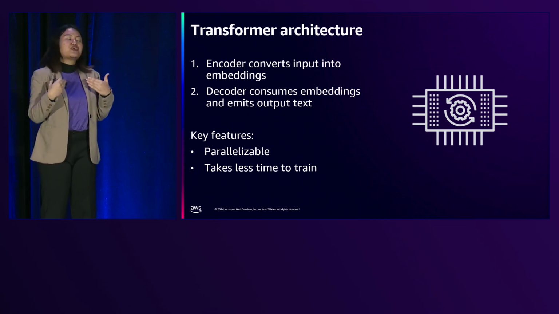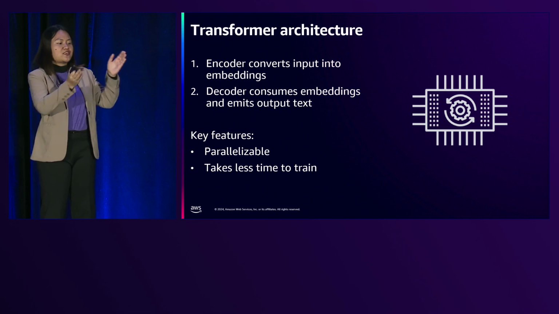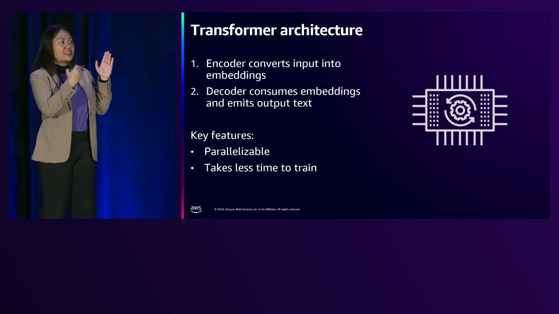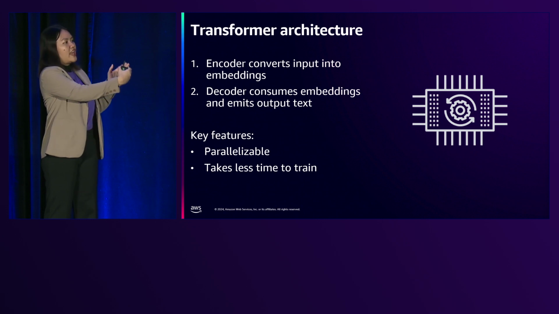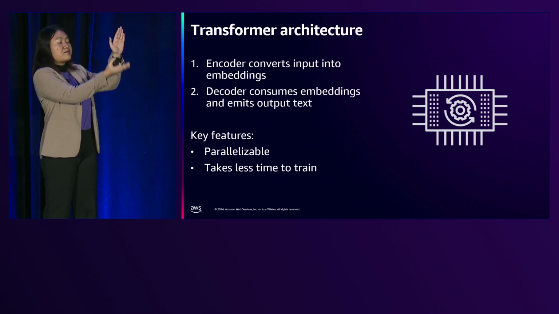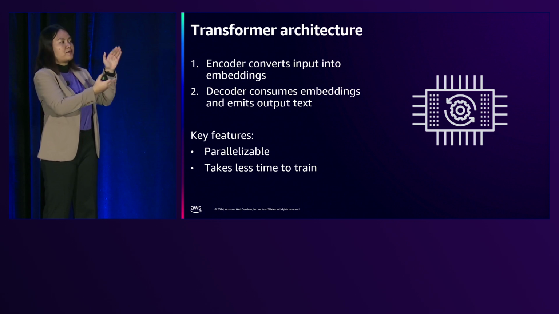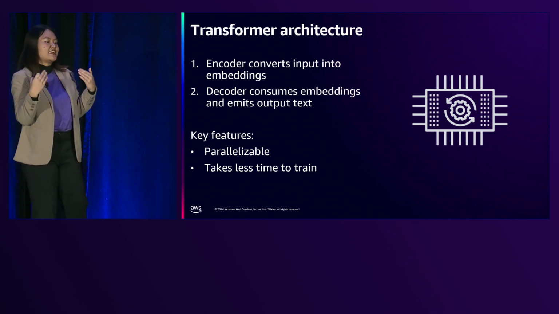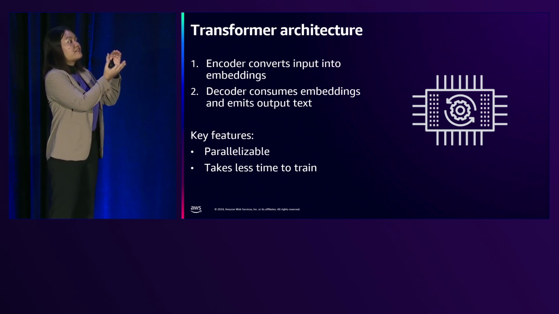So let's say you input a text, cat. Inside of your transformer architecture, it will convert cat into a number, and it will find the closest number that has a similar meaning. So if it's a cat, the similar word would be feline.